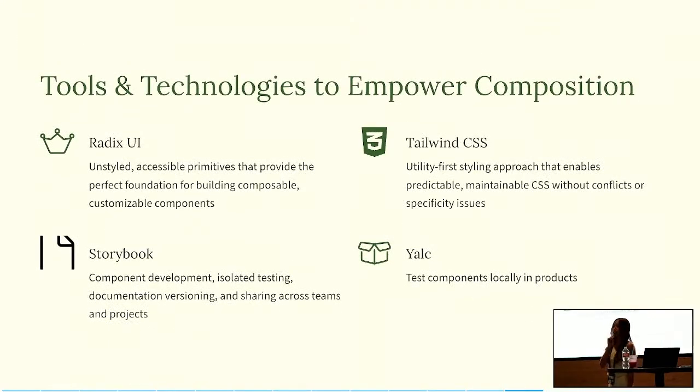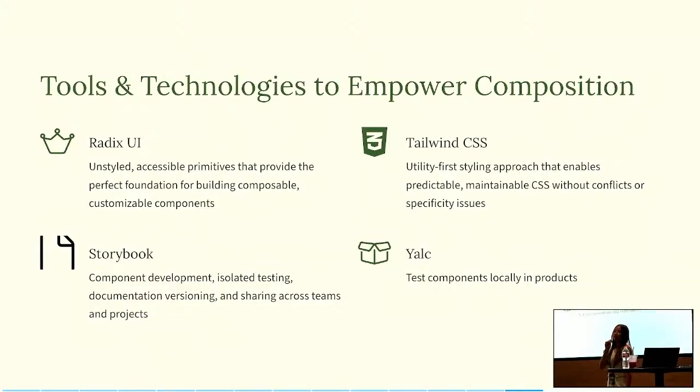These are the tools that we have found useful to empower this philosophy. Has anybody heard of Radix before? Or it might be Radix. Not sure how to say it, but awesome. Radix has accessibility built in, which makes it really great as a building block on top of your own components.